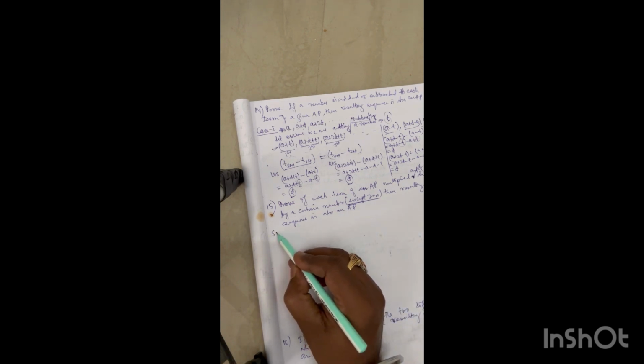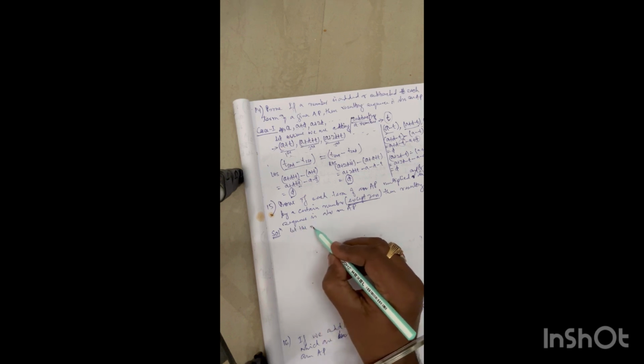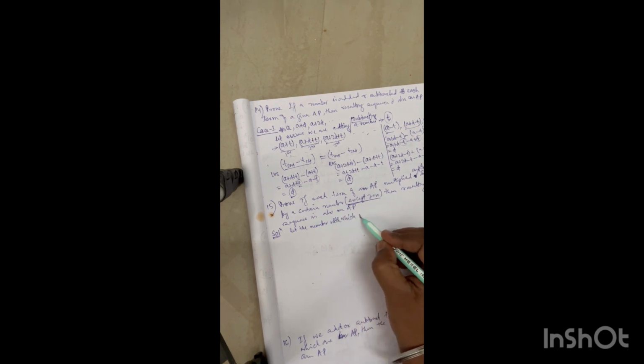So again we'll go one by one. First we'll talk about the multiplication. Let the number with which we are multiplying be t again. I am taking the t again.